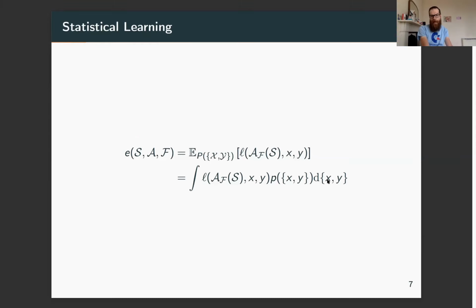That would be an expectation of the loss, which would in this case be an integral, where I take all possible data values that I can have, I evaluate them under the loss, and they're weighted by how likely they are. Great. I think we can hopefully all agree with this.